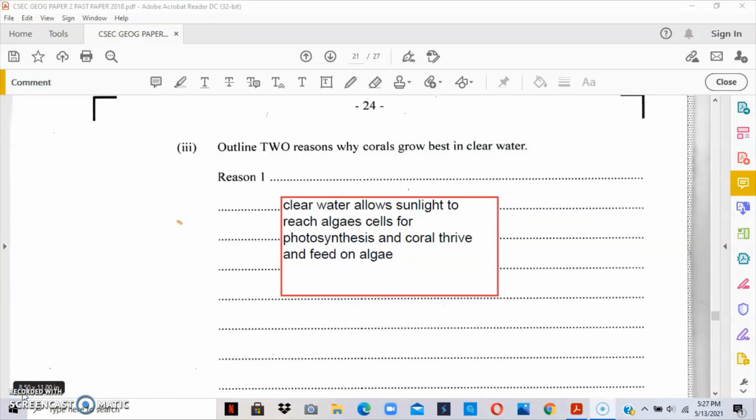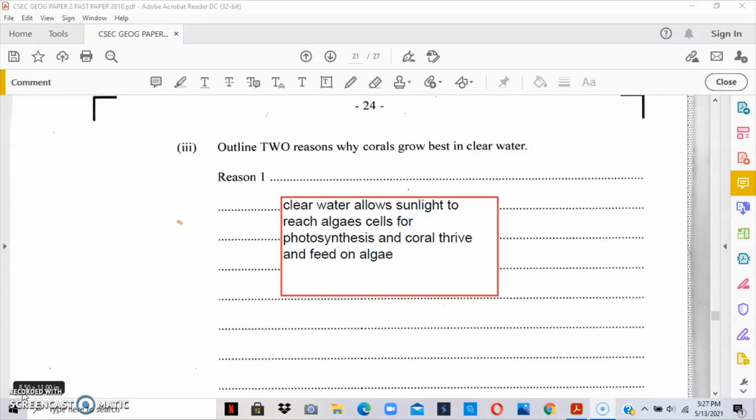It asks us to outline 2 reasons why corals grow best in clear water. Corals grow best in clear water because it allows sunlight to reach algae cells, and this helps with the photosynthesis process, and we know that the corals thrive and feed on the algae. Clear water also has sufficient oxygen levels that the corals depend on.